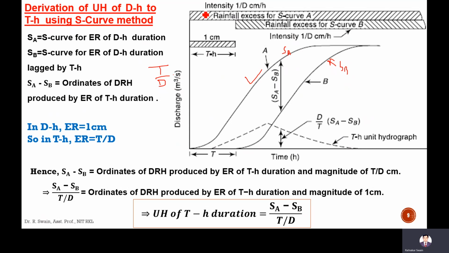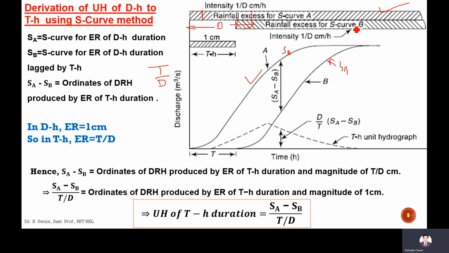Let this be the d hour, and here it is t hour. So in d hour, 1 cm excess rainfall occurring continuously for an infinite period, so the intensity will be 1 by d. For this rainfall it is 1 by d. So this is the S curve.